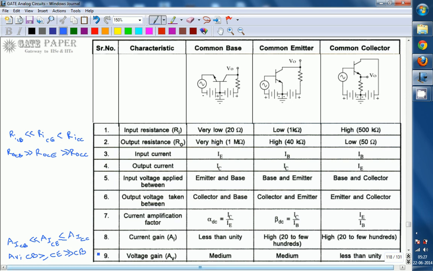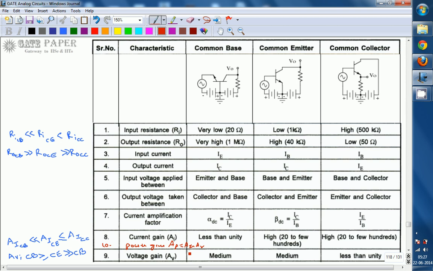Since we know current gain and voltage gain, you can write the power gain. Power gain is indicated as Ap, which is Ai into Av, the product of voltage gain and current gain.